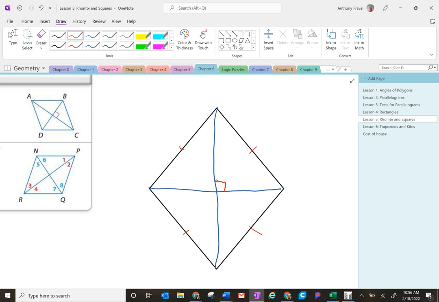The other rule that goes along with the rhombus, and this is what all those numbers in that picture on the side are trying to say, is that this angle, this angle, this angle, and this angle are all the exact same degrees.